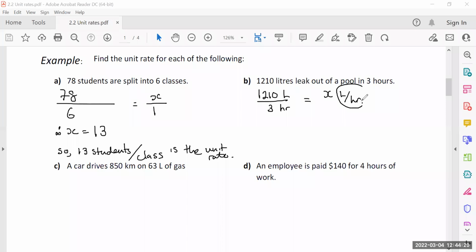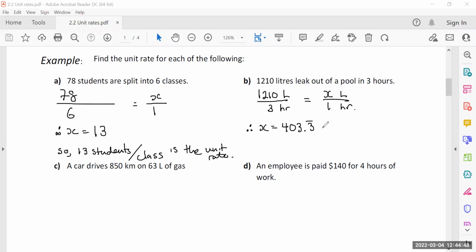We know it's a 1, it's automatically assumed. But in any case, you divide that, it becomes 403.3333333 repeating.